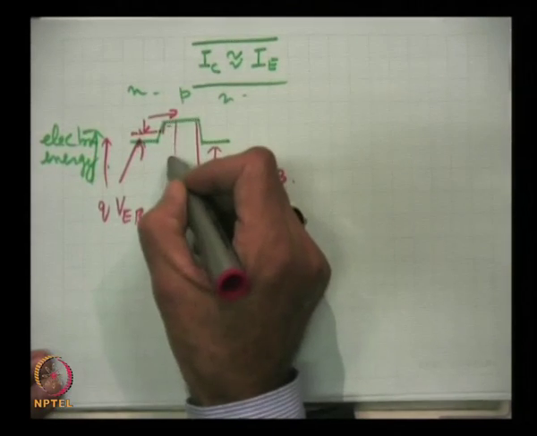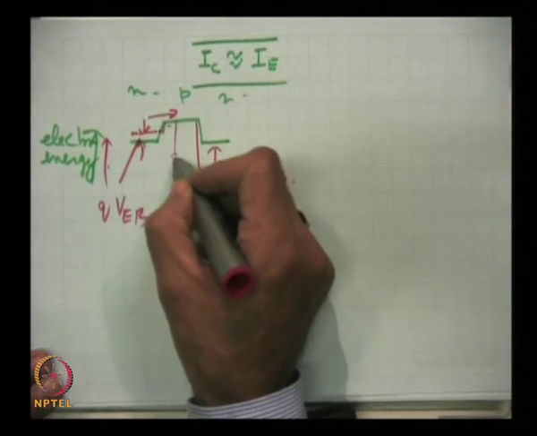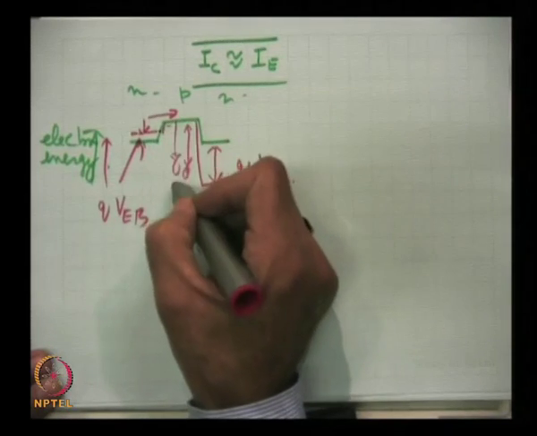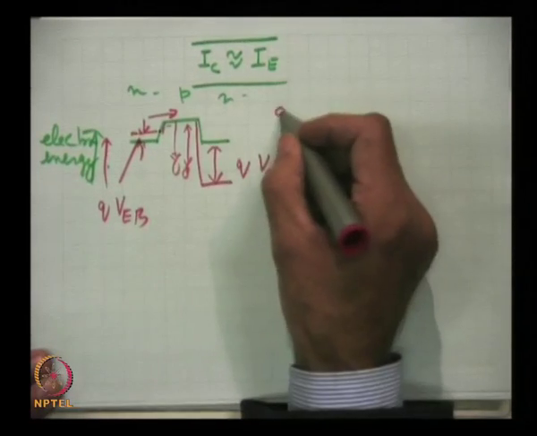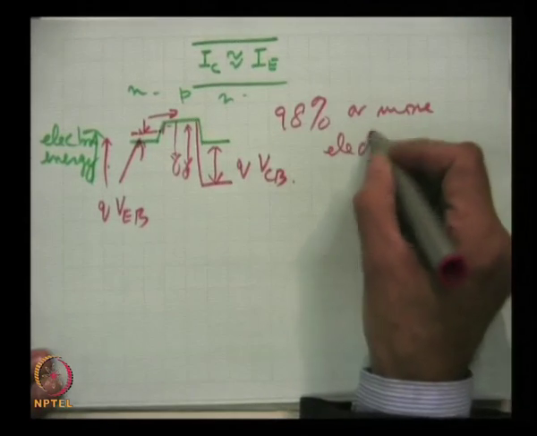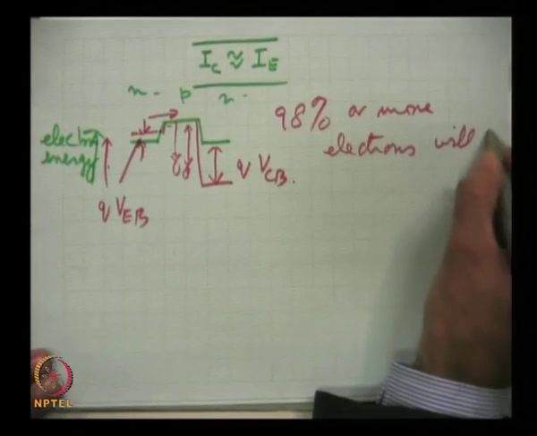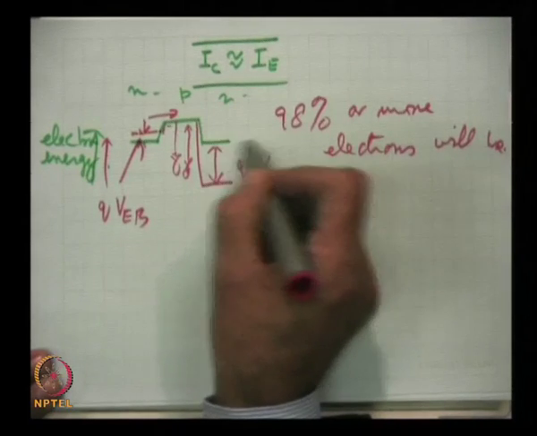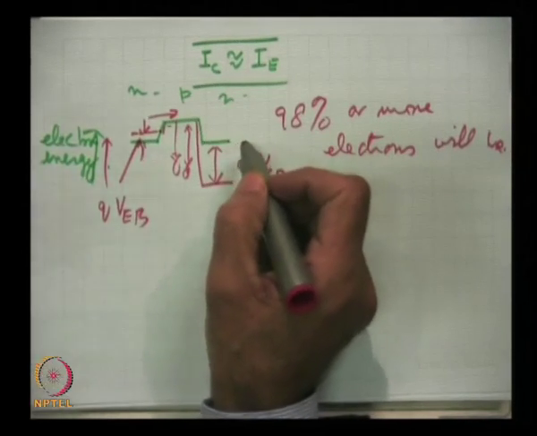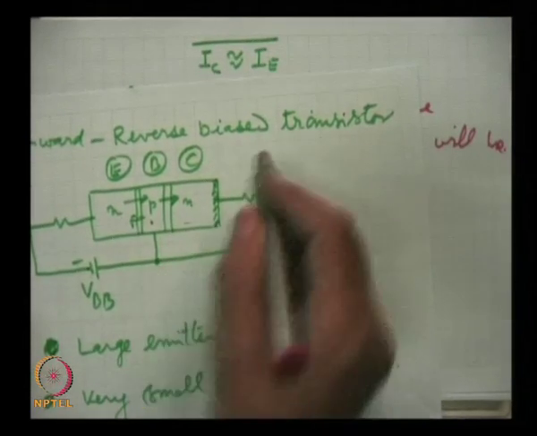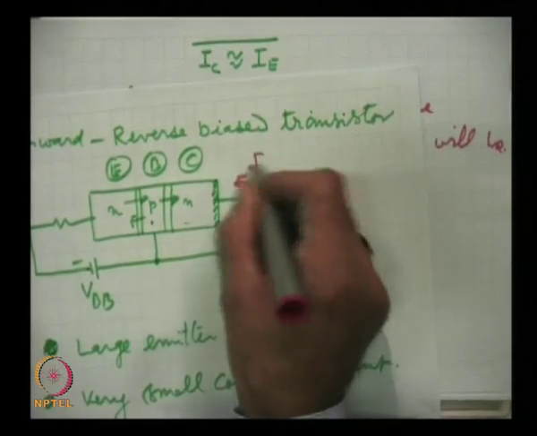So, a small number, less than a percent, will recombine here, they will fall in the holes and recombine, and 98% or more electrons will be able to, first drift into the collector region, and finally they will diffuse and be taken away towards the collector, and a large collector current will flow.